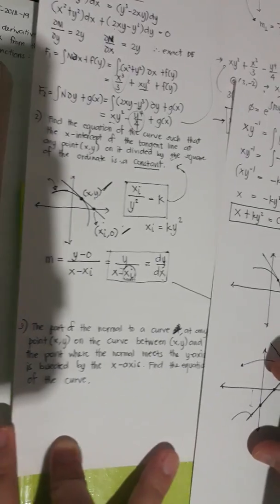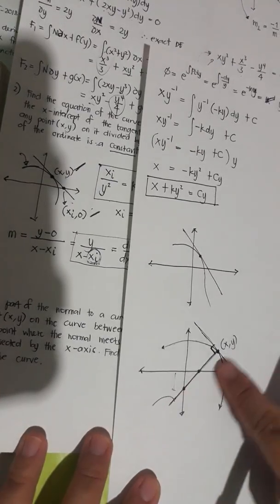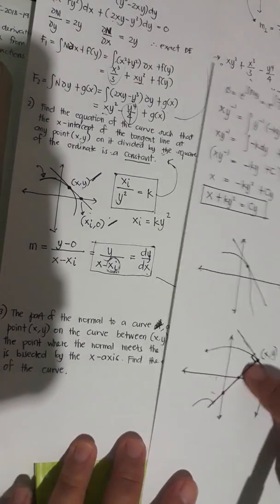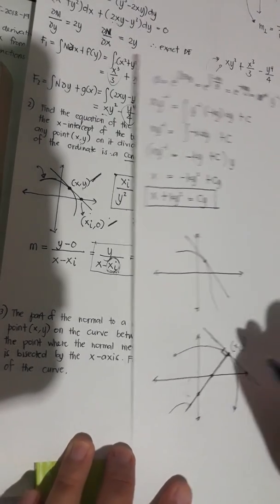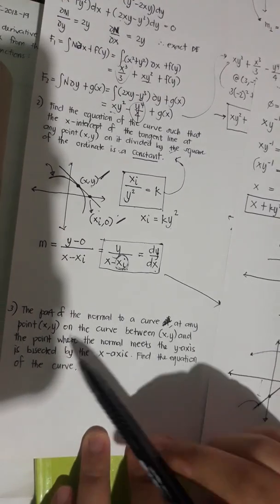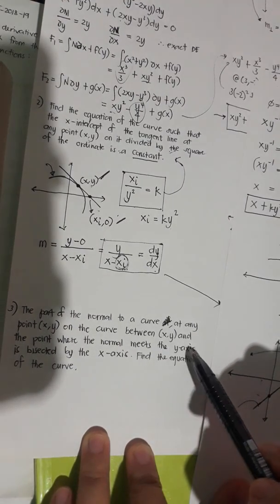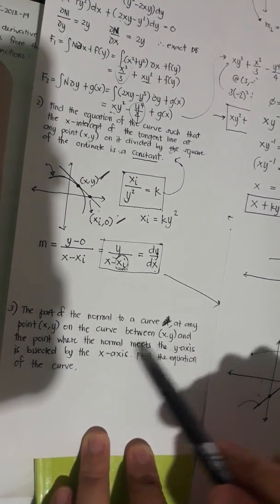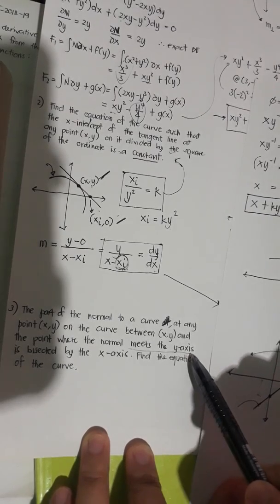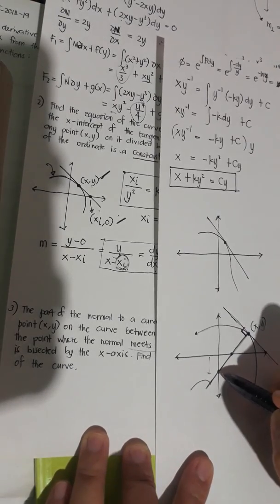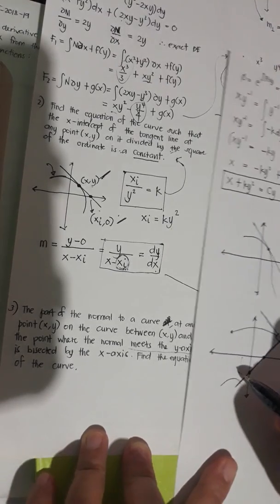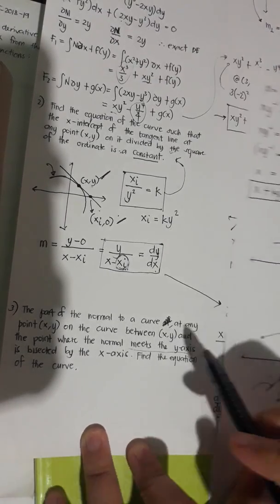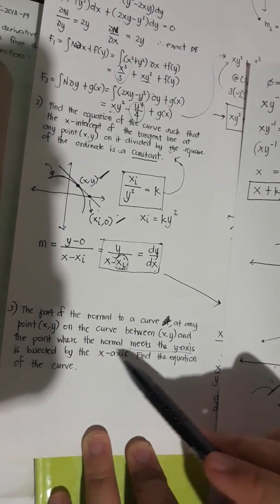Alright, now the part of the normal line between this point xy and the point where the normal meets the y-axis, meaning the y-intercept, is bisected by the x-axis.